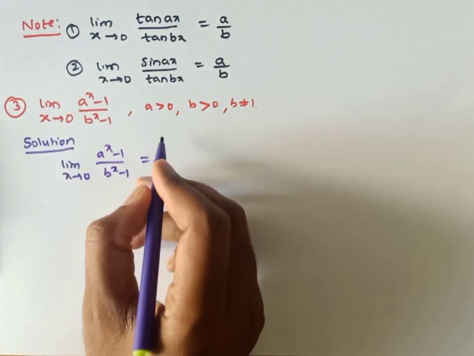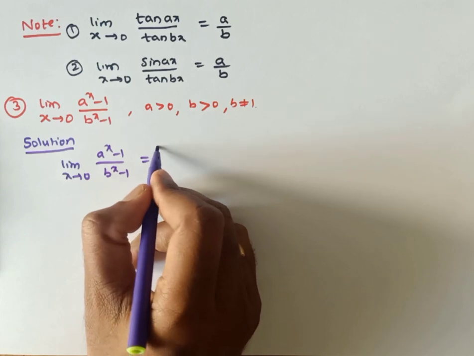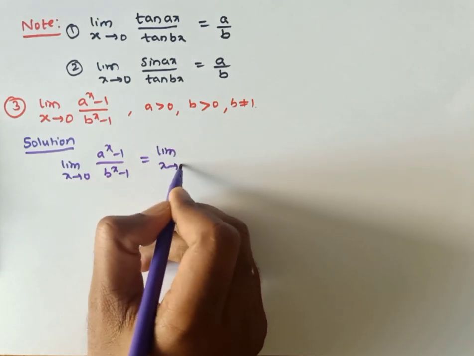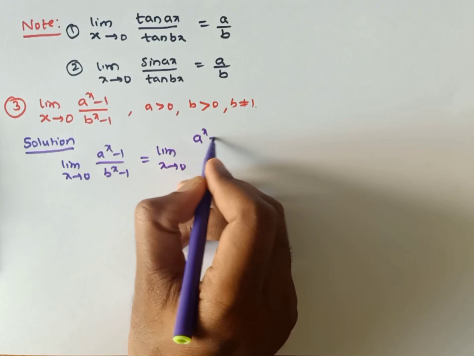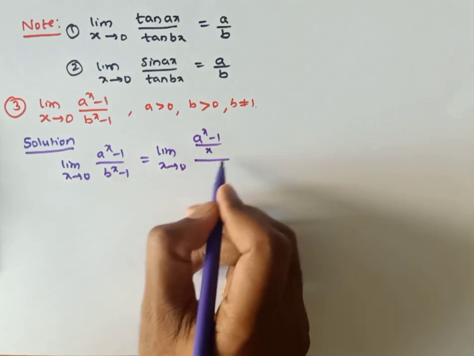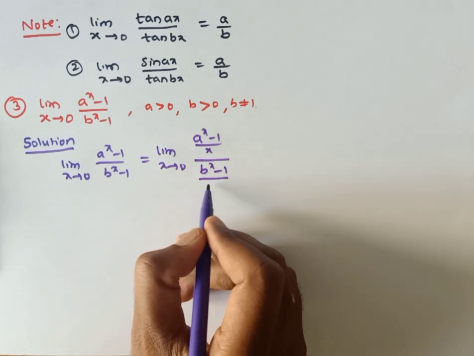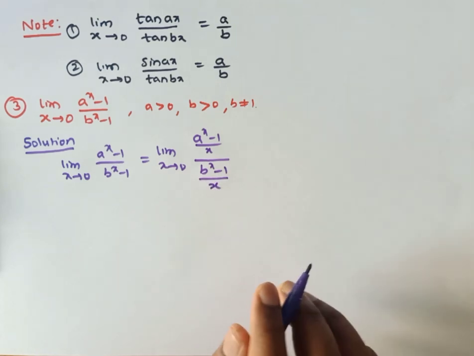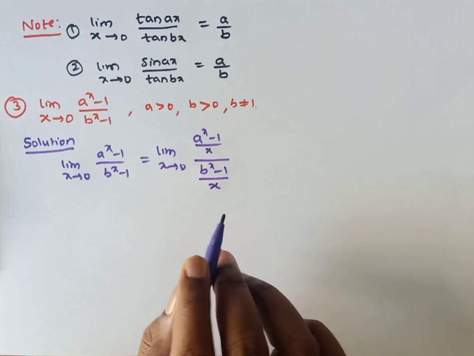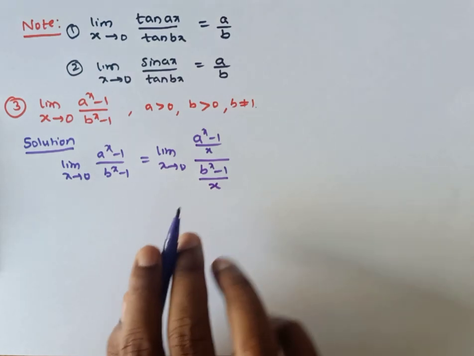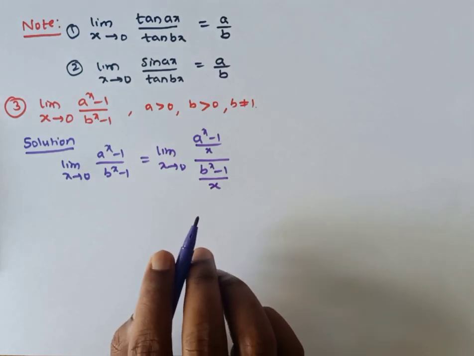Now when x is not equal to 0, this is a to the power x minus 1 by x divided by b to the power x minus 1 by x. As we know, limit of a power x minus 1 by x is logarithm of a to the base e, right?